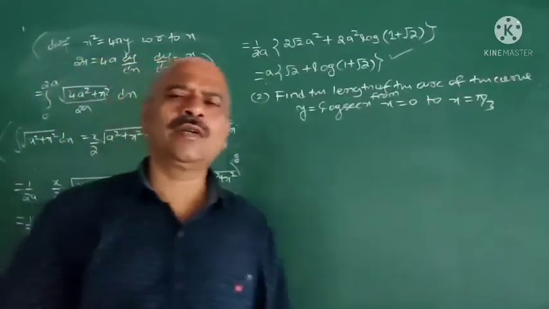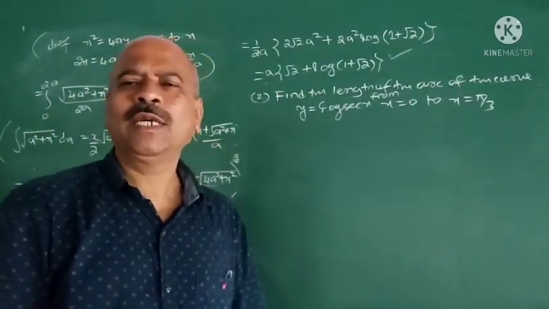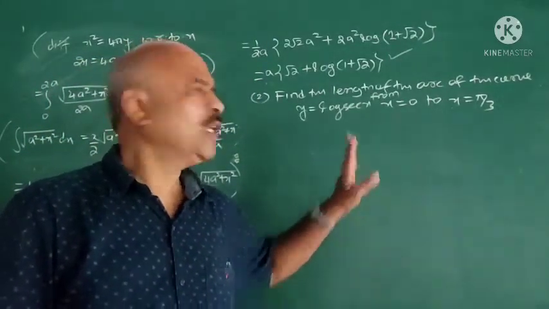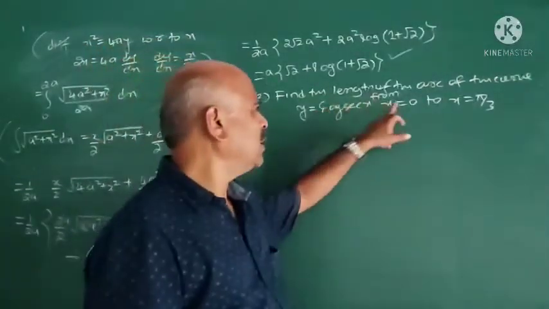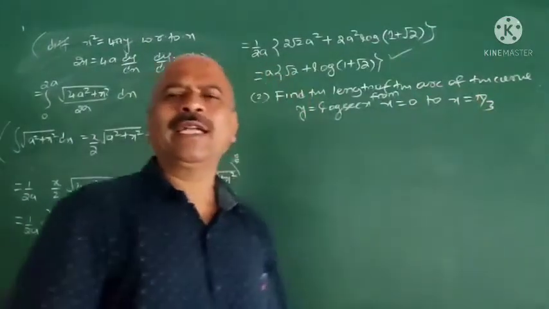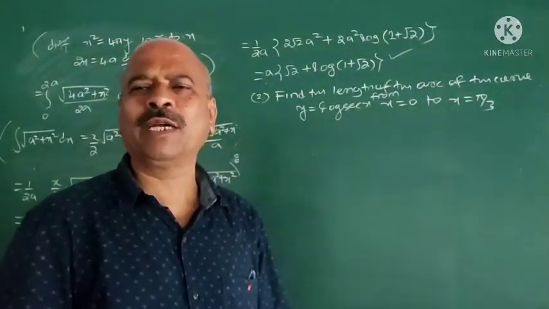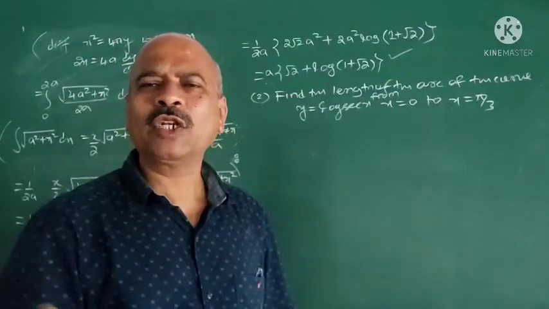We don't know what the curve is here. We don't know means it is not a standard curve. You need not worry about the curve here because the curve is given and also the limit is directly given, x from 0 to pi by 3. So only application of the formula.